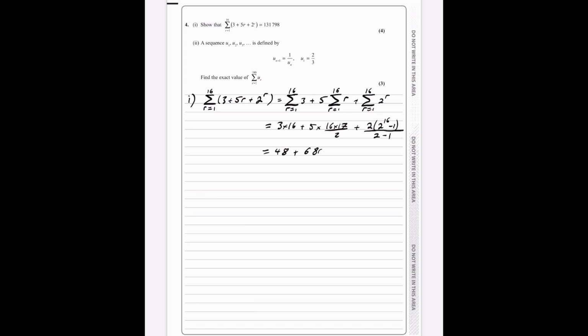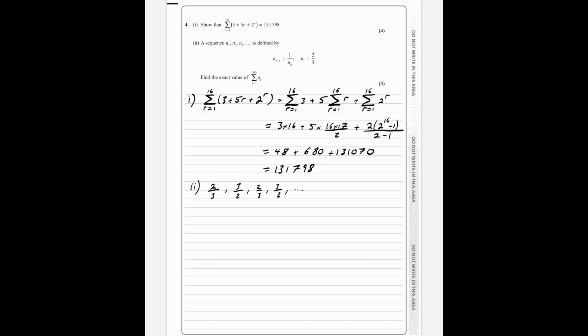I've calculated each bit separately and added them together. You can actually brute force this one. There's only 16 terms in the series. If you just plugged them all in, added them all up, and pressed the correct buttons on your calculator, you'd also get 131,798. Perfectly legitimate.